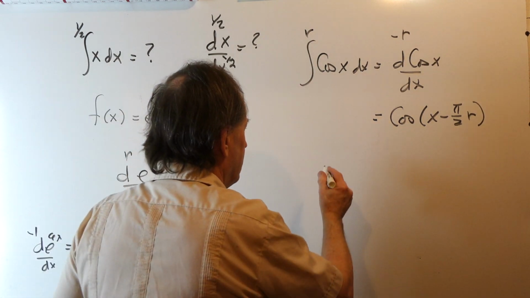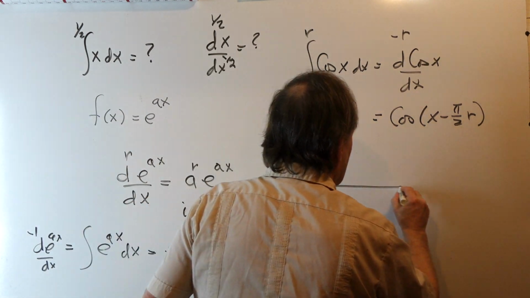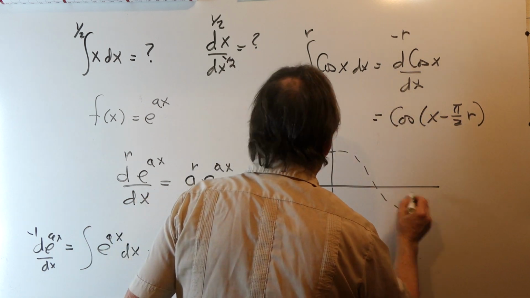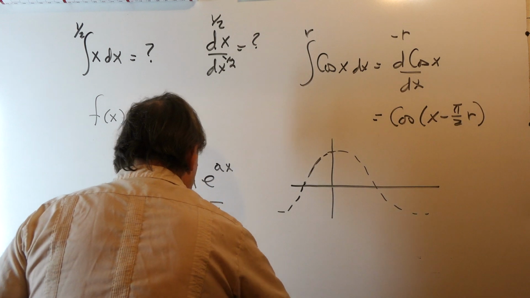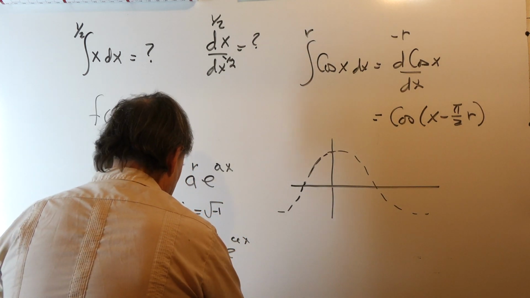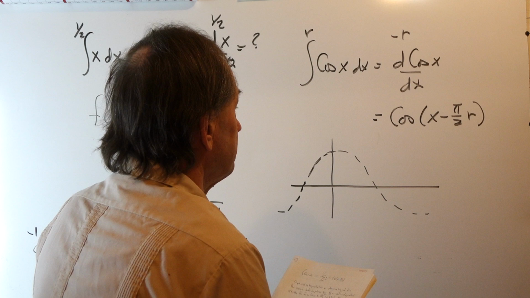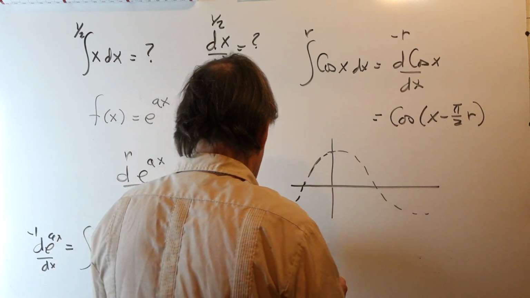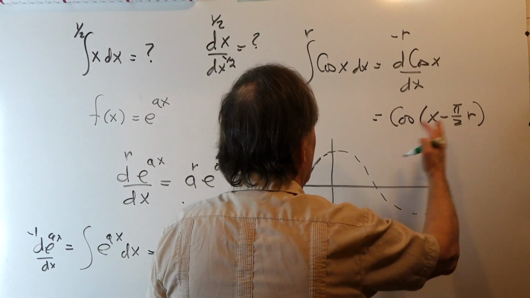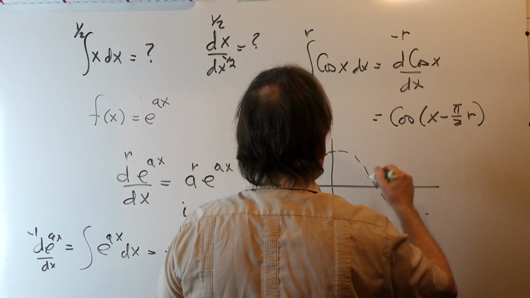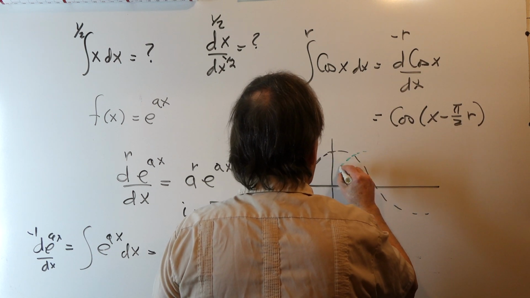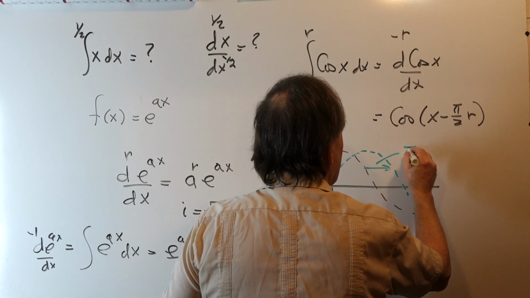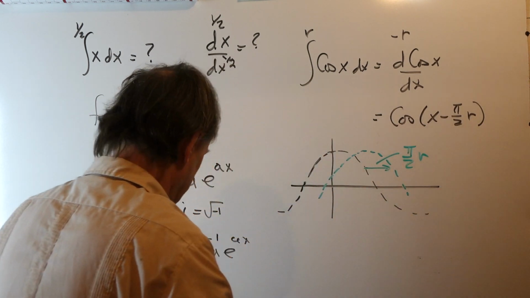And the graphical interpretation of this is if we start with the cosine function, then when we integrate, it shifts the function to the right by pi over 2r. So the cosine function now gets shifted to the right by pi over 2r.